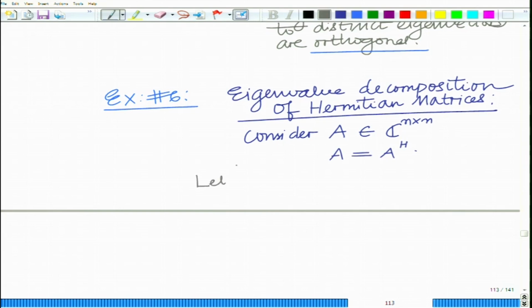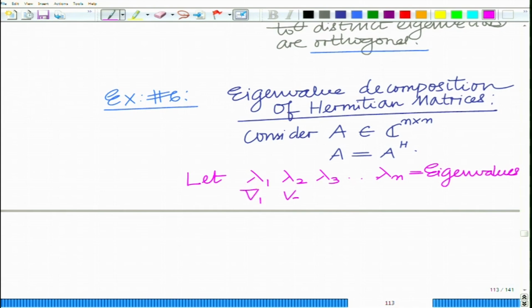Let the eigenvalues be lambda 1, lambda 2, ..., lambda n, and V1 bar, V2 bar, ..., Vn bar be the corresponding eigenvectors.